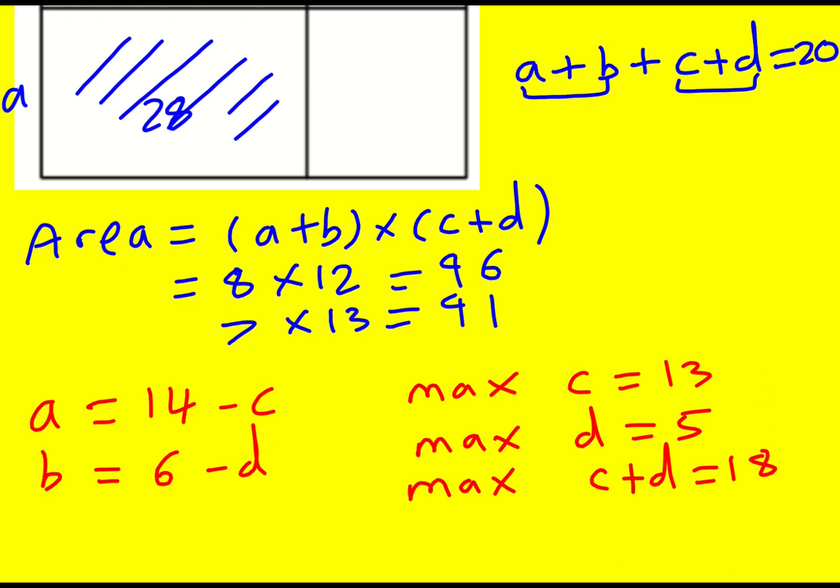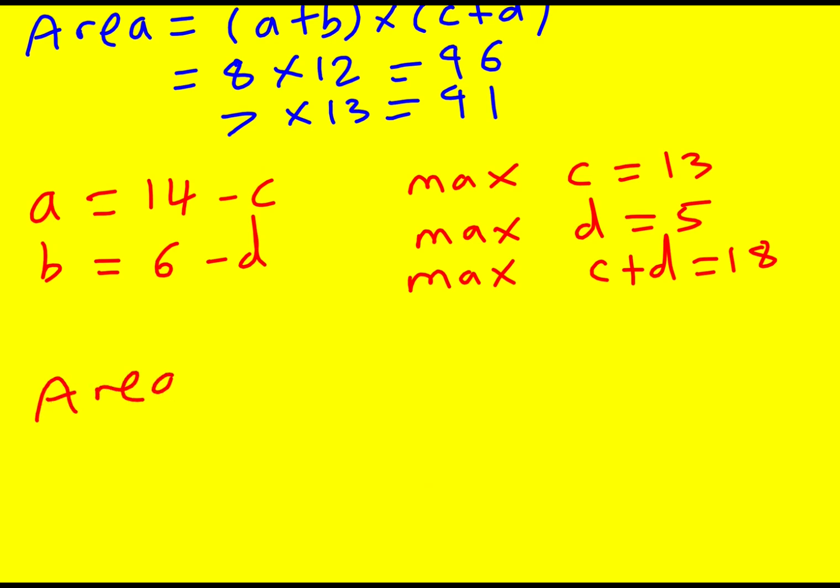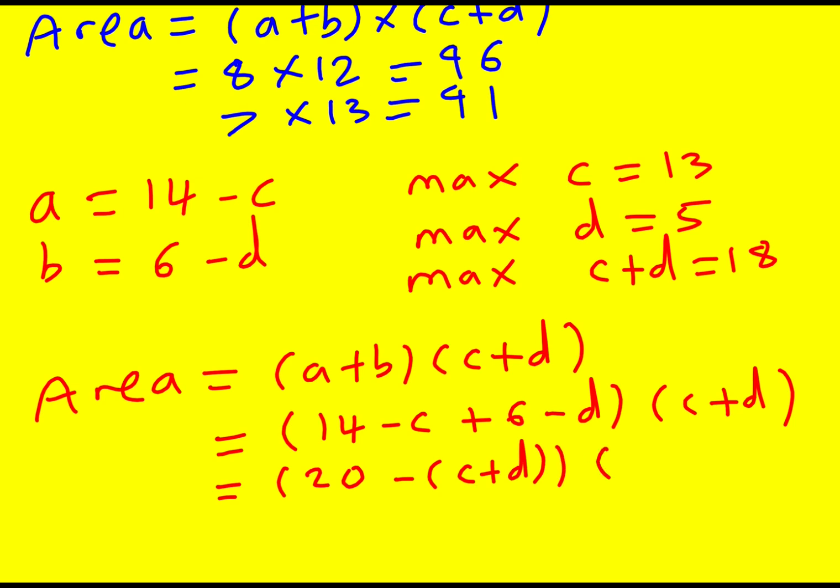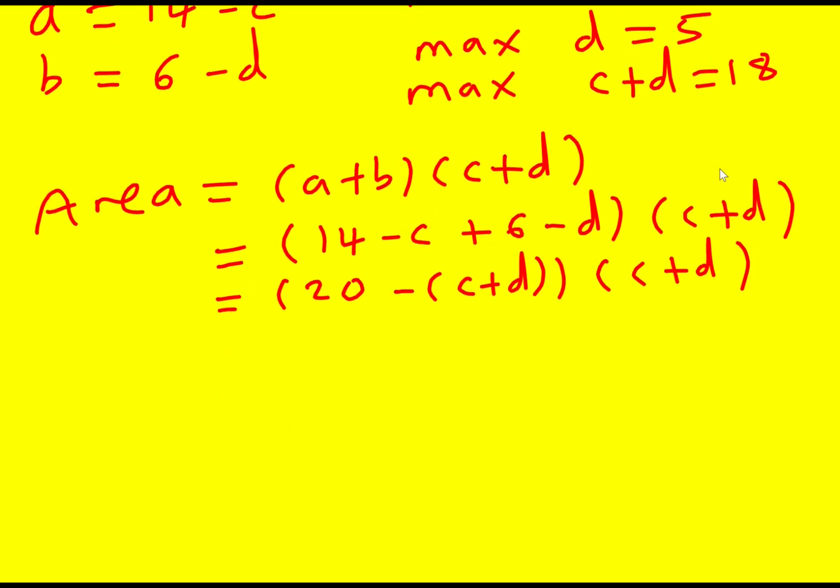Now, if I want to find the area, which is A plus B times C plus D, then I could substitute in for A and for B. So I've got it in terms of C and D. And that will actually give me 20 minus C plus D if I factorize it, times C plus D. So I've got the area, I know the maximum value is 18, and so I can just try some out now.